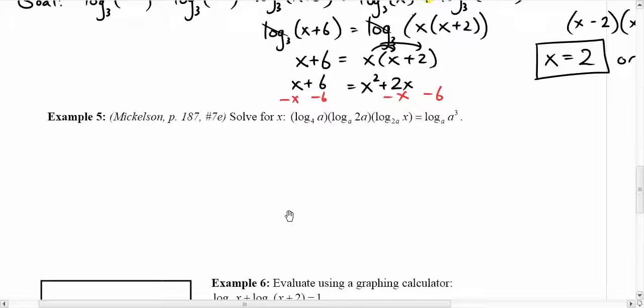Whenever you see really weird bases, there's a great rule that we can use, which is the change of base law. Just like we did on the graphing calculator, instead of having log base 4 of a, I can write that as log a over log 4. It means the same thing.